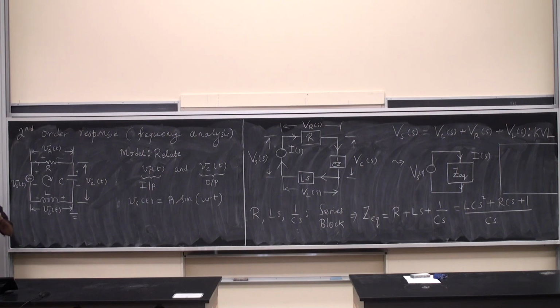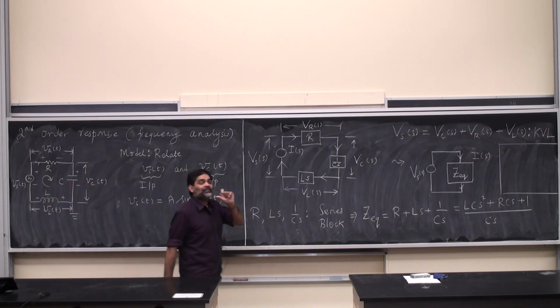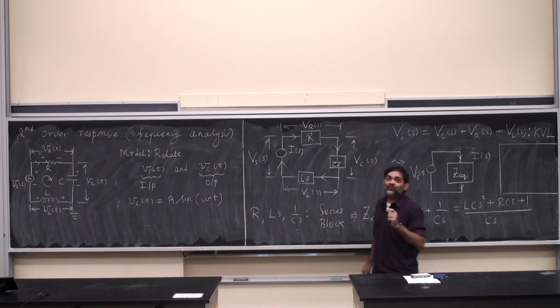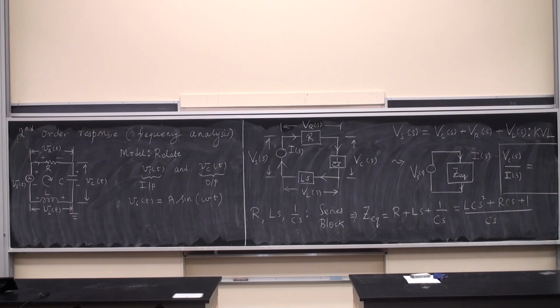What's my output? My output is Vc. So I write the relationship between the voltage across the capacitor and the current flowing through it in terms of its impedance. Okay, so I have Vc of S by I of S is the impedance of the capacitor element, so that's 1 by Cs.